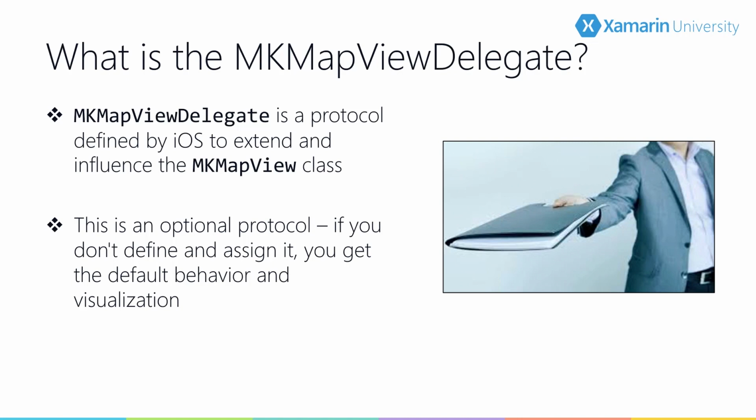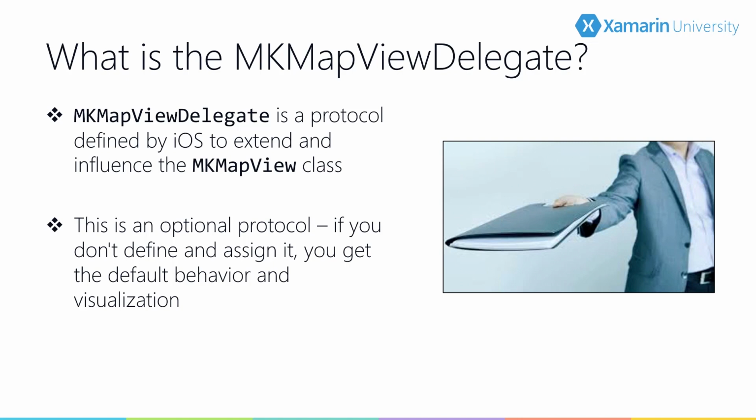This is an optional implementation, as you saw in the previous class. It's not required when you're using an MKMapView, and without implementing a map view delegate, the map will simply use the default visualizations and behavior. The map view delegate is useful for separating map-specific behavior from the view controller, and it's very useful if you're displaying maps with similar characteristics in more than one location in your application.